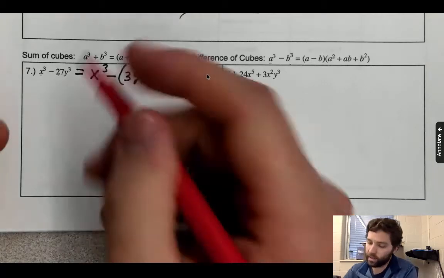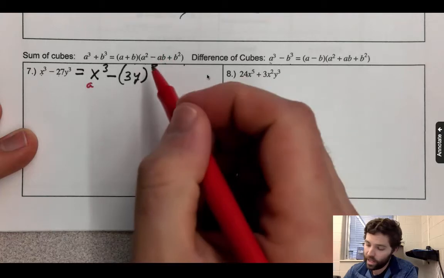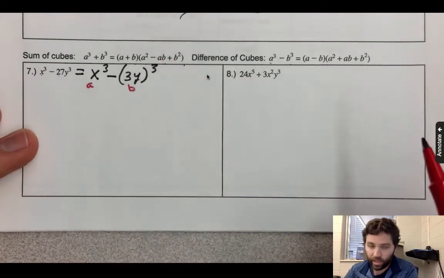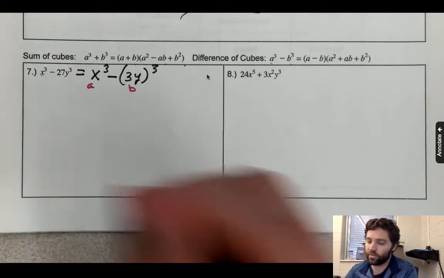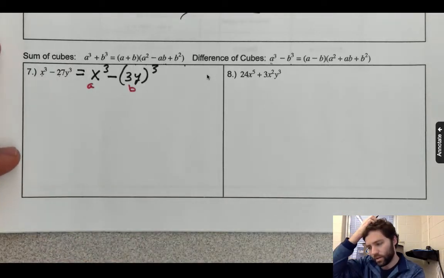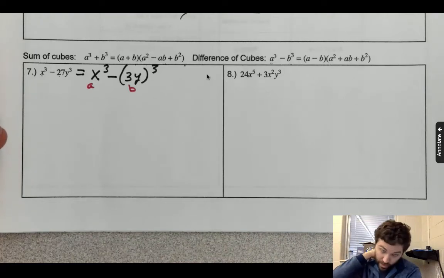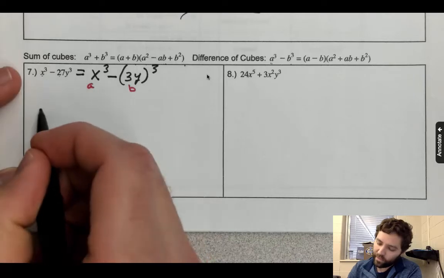So our a in the formula here is x, and our b is 3y. Okay, so this is sort of like when we did expanding binomials, where we had to identify the a and the b. But anyway, so let's follow the format then.